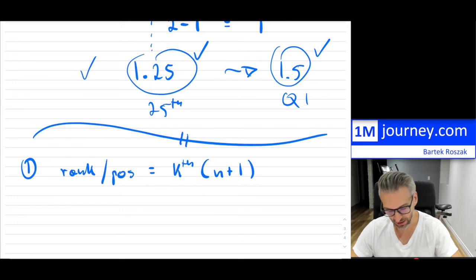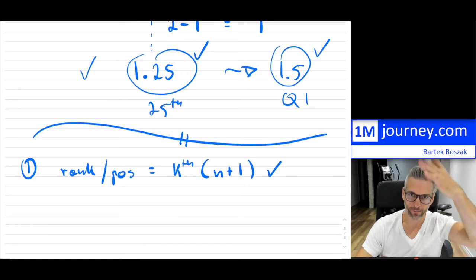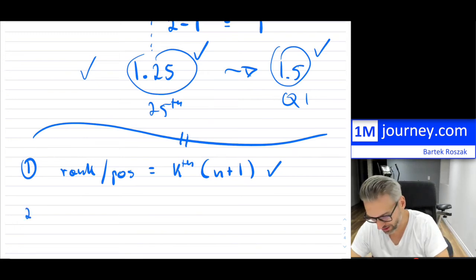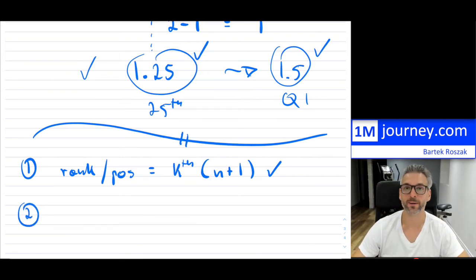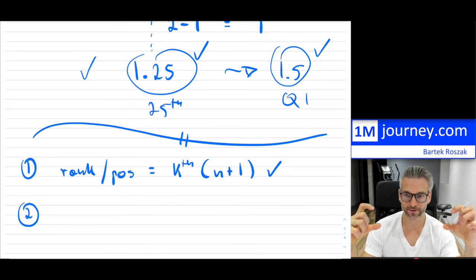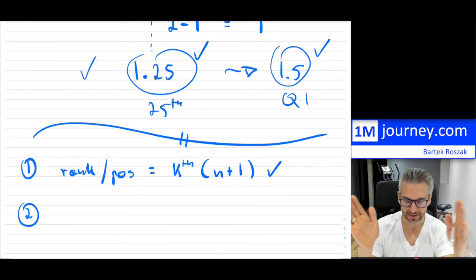Then you will locate it. Now, if you get lucky and it's an integer, then you already have your percentile boundary. But if it's a decimal, then unfortunately you're going to take the 2 data points between the integer value, the whole value, and the next value. And then by percent, the fraction that you get will allocate the data point.